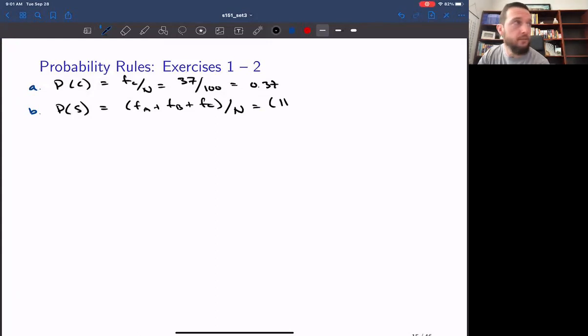So I believe that was 11 plus 30 plus 37 divided by 100, which is 0.78.